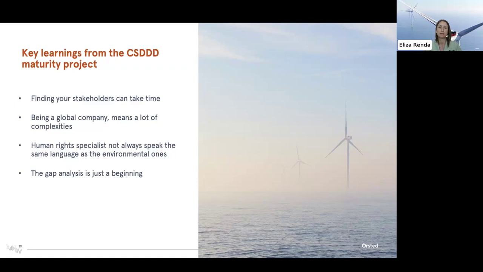Some of them are more complex than others, and we also cover many different technologies. We have offshore wind, onshore wind, solar, battery storage, and sometimes we don't have one global process. The processes sit with the teams, and that also needs to be reflected in one way or another in how we go about our due diligence.